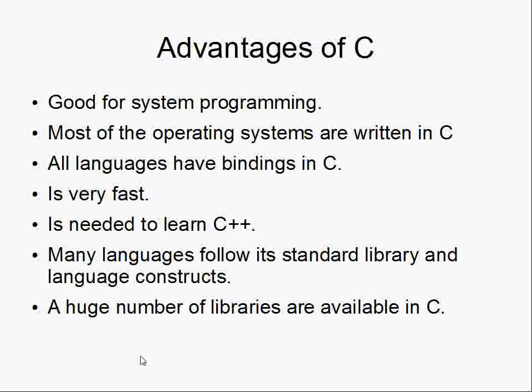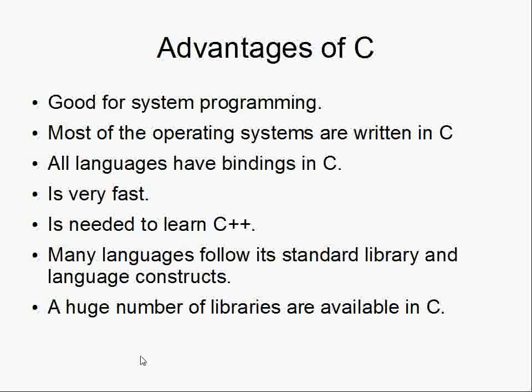Now, C comes with a standard library and language constructs. So when C++ was developed, it followed that tradition, and when Java came, or Python, or PHP, Ruby, they take a lot from the syntax of C, and they provide a lot of similar facilities.